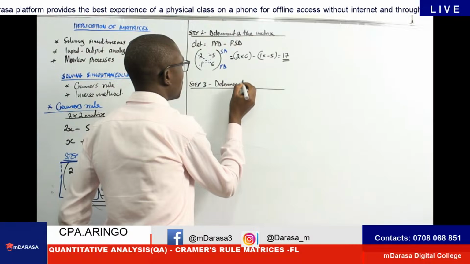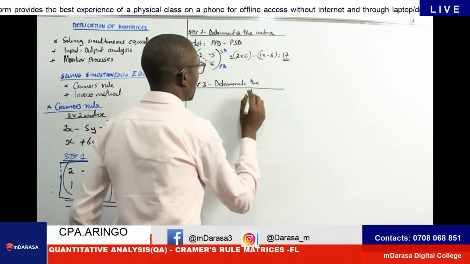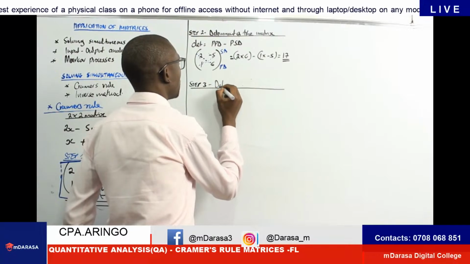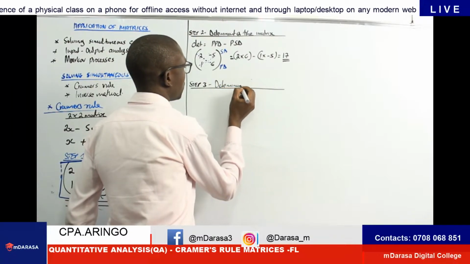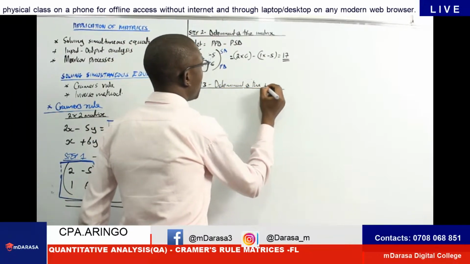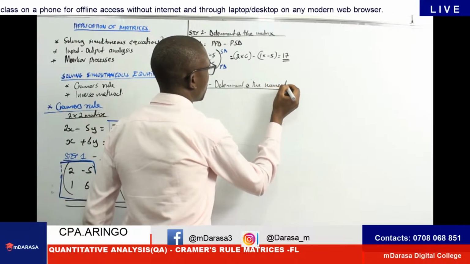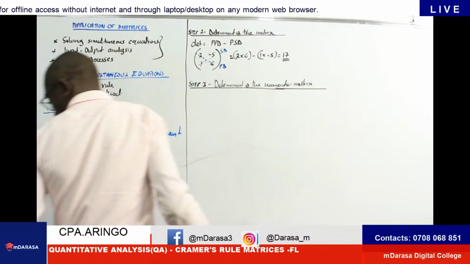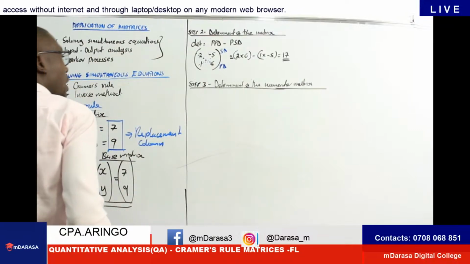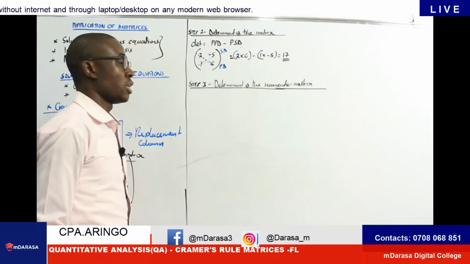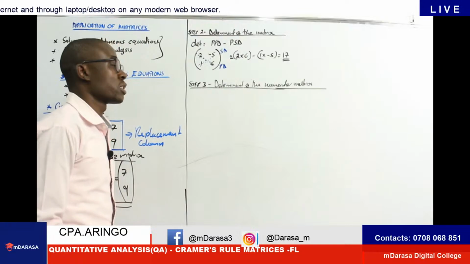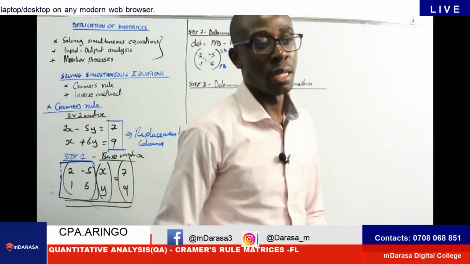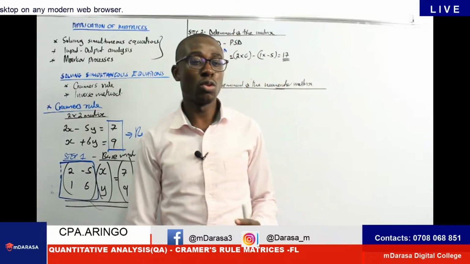We need to determine the determinant of the numerator matrix. And the question will be, how will we determine the numerator matrix? At this point, this is where the concept of replacement column will kick in.